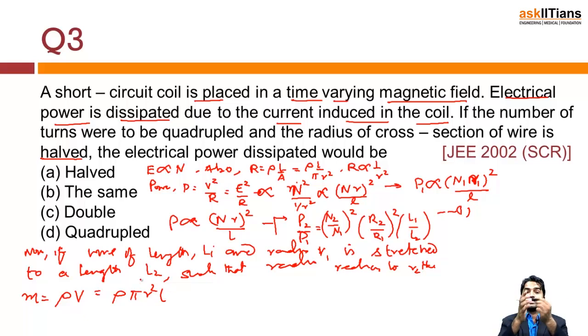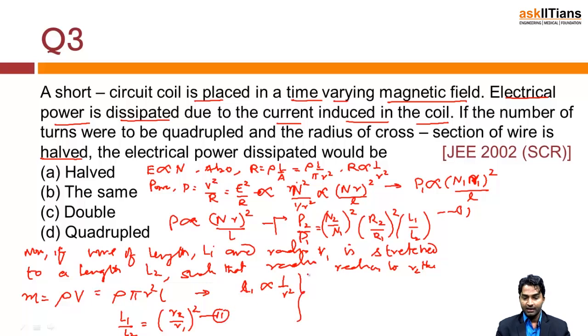If we consider this as a wire of resistance R, its length is L, area is A. When we stretch it, length will change with respect to area, so length is inversely proportional to area, and so inversely proportional to radius square. So L1 upon L2 is equal to R2 upon R1 whole square. This is equation number 2.